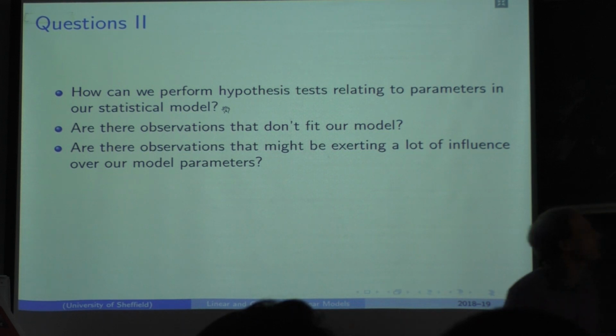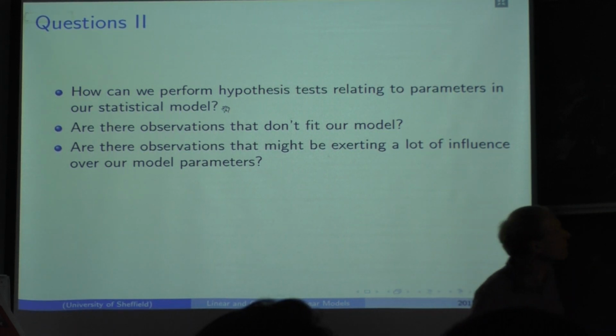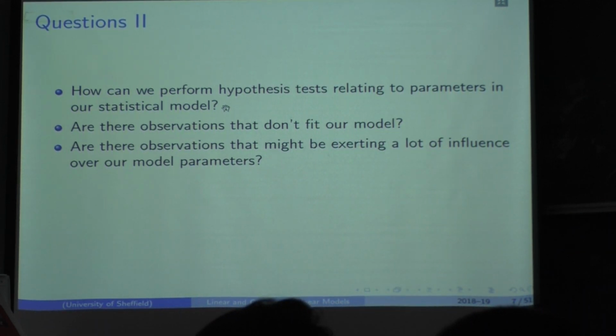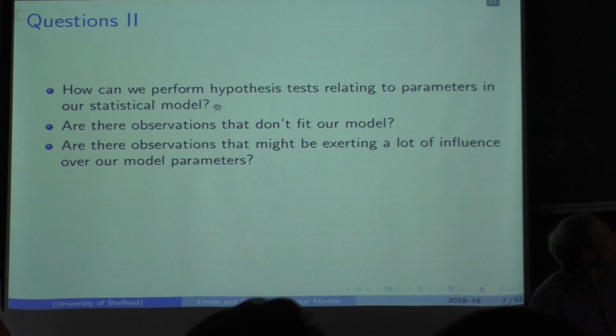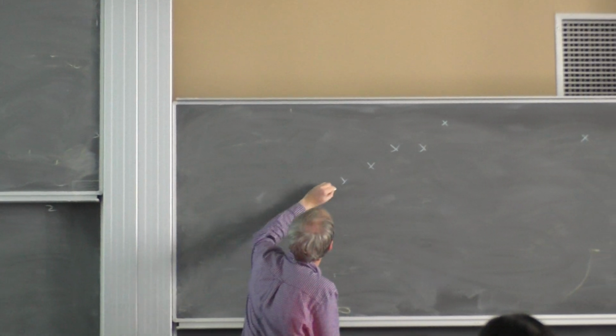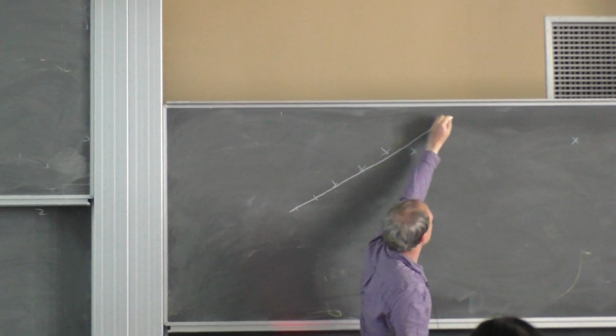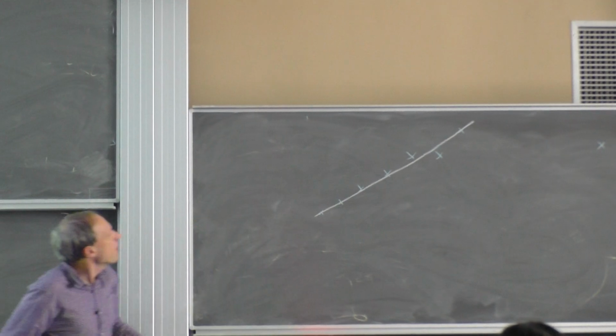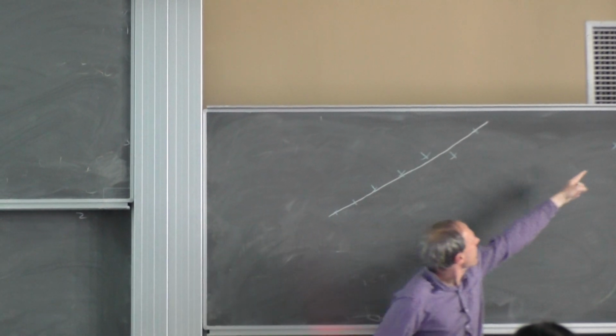So in a simple linear regression type model, you're going to want to be fitting a straight line through these points. Now you might well think, looking at what I've drawn over here, that the best straight line through these points looks something like that. But that straight line really doesn't fit this extra point over here very well.